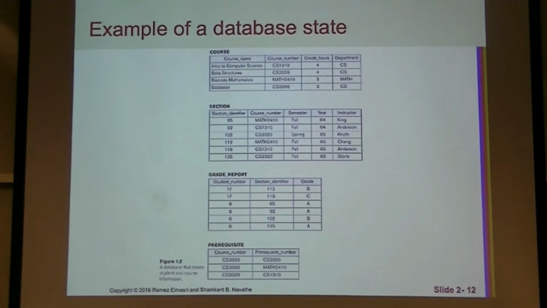The reason why we call this a database state is that a database is different from a file. You can keep this information as a file, or even as a screenshot like this. But that's different from a database, because a database is kind of an alive thing.